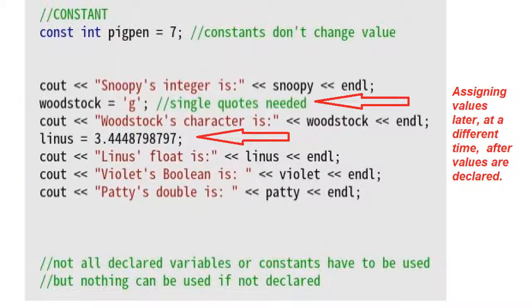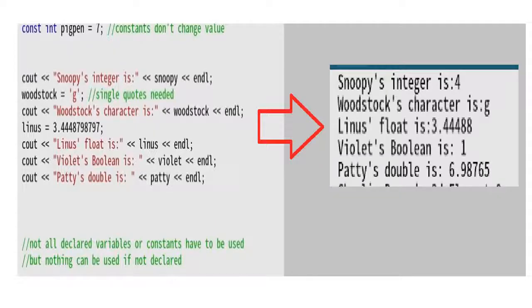And we also assigned Patty a large value. We'll look at that, a very precise value as well. And we'll see how much of that survives the printout, the read. We'll see how much of that value survives when we call it back from memory.